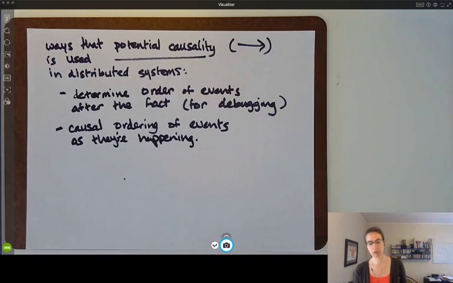Sometimes you'll hear people talk about causal consistency. It's not quite a synonym with causal broadcast, but they're related. So all these things provide ordering guarantees that prevent causal anomalies.